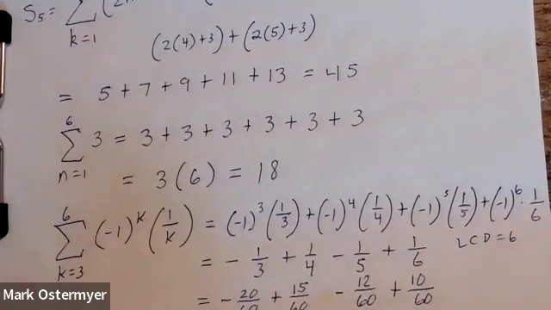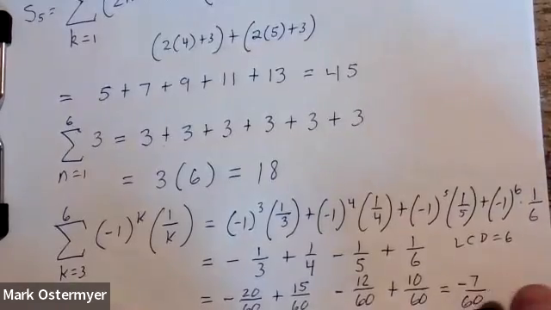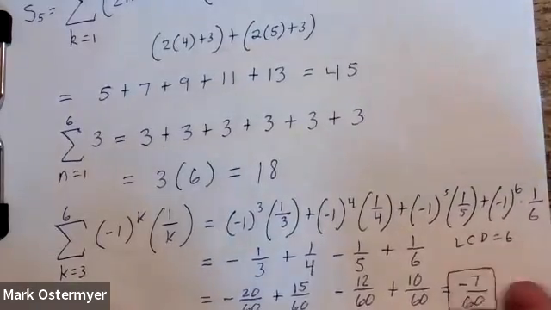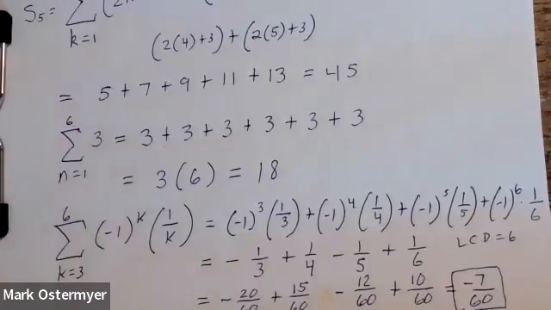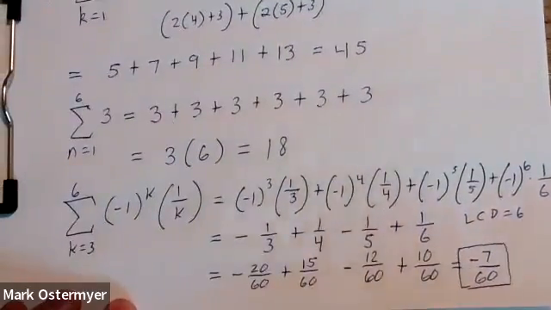Okay, so now when we add these together here, -20 plus 15 minus 12 plus 10 gives us -7 over 60. And that would be the sum of terms 3 through 6 for this particular sequence. Now that would be the evaluation of this series here.